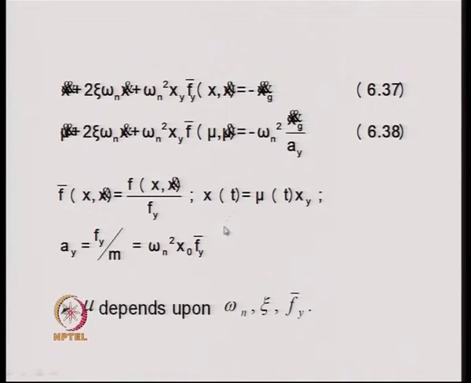So, that is what we have shown over here. If we now want to find out the value of mu by solving equation 6.38, the value of mu would depend not only on frequency and the damping of the system, but also on f bar y, that is the inverse of the reduction factor.